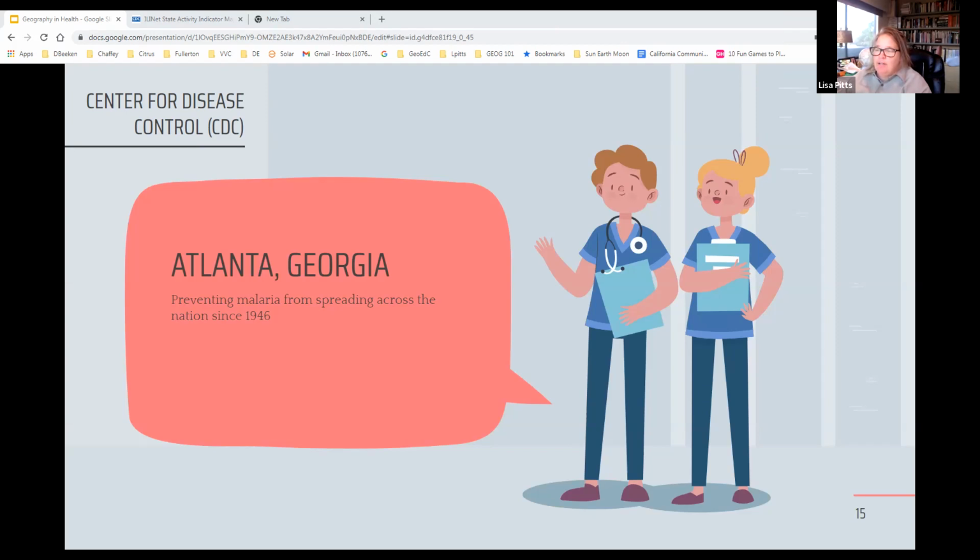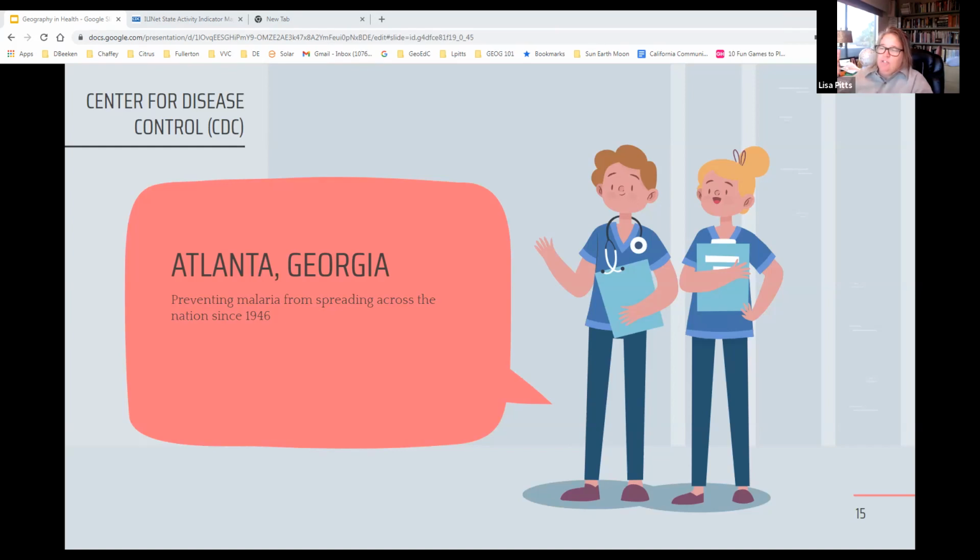And the guy who started it was kind of a big advocate for public health issues. And he pushed for the CDC to extend its responsibilities to other diseases. And so it's kind of the legacy of the Center for Disease Control.